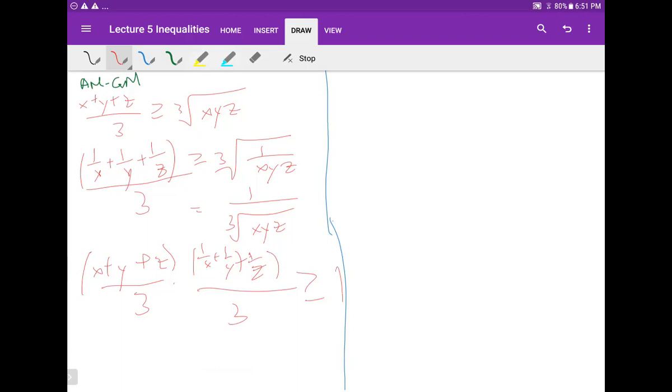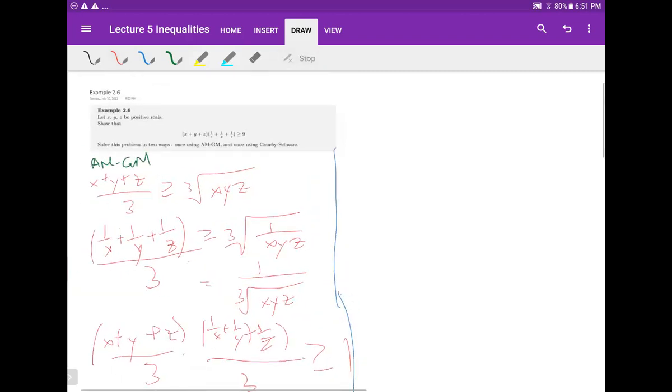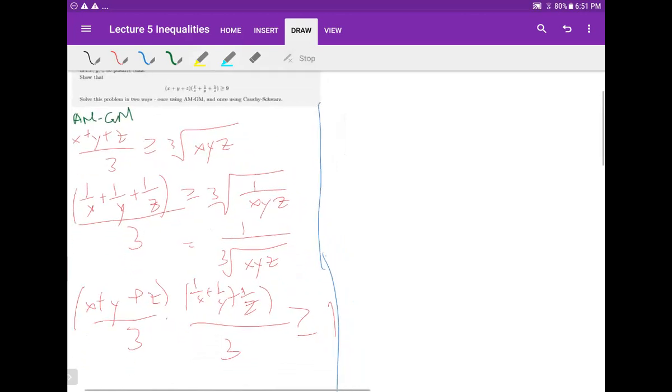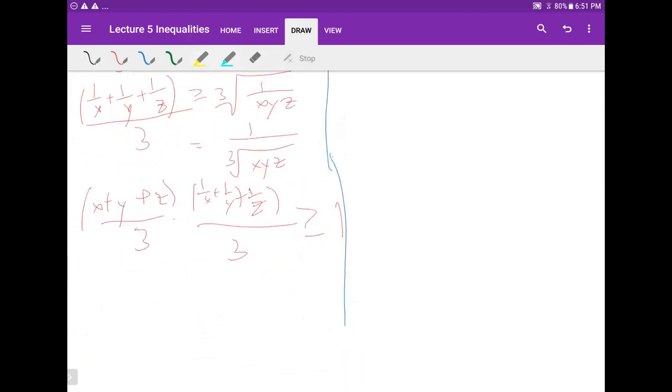Both of these are positive because x, y, and z were positive real numbers in the first sentence of the problem. Now if we multiply both sides by 9, we have that x plus y plus z times 1 over x plus 1 over y plus 1 over z is greater than or equal to 9.